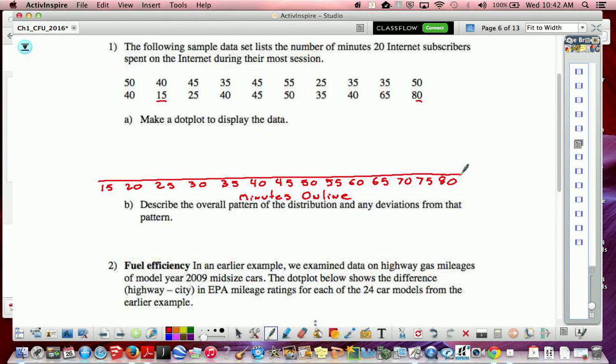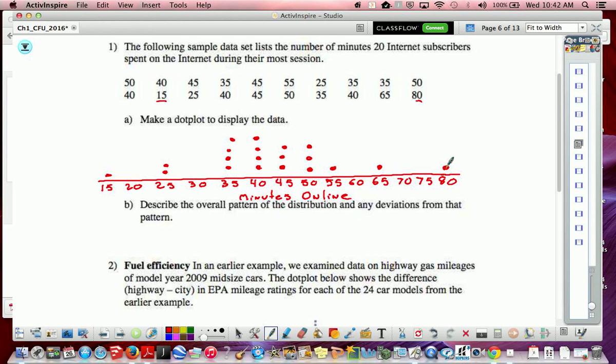So I want to put a dot for each of the different data points. As I'm doing this: 50, 40, 45, 35, 45, anytime right on top, 55, 25, 35, another 35, 50, 40, 15, 25, 40, 45, 50, 35, 40, 65, and 80.